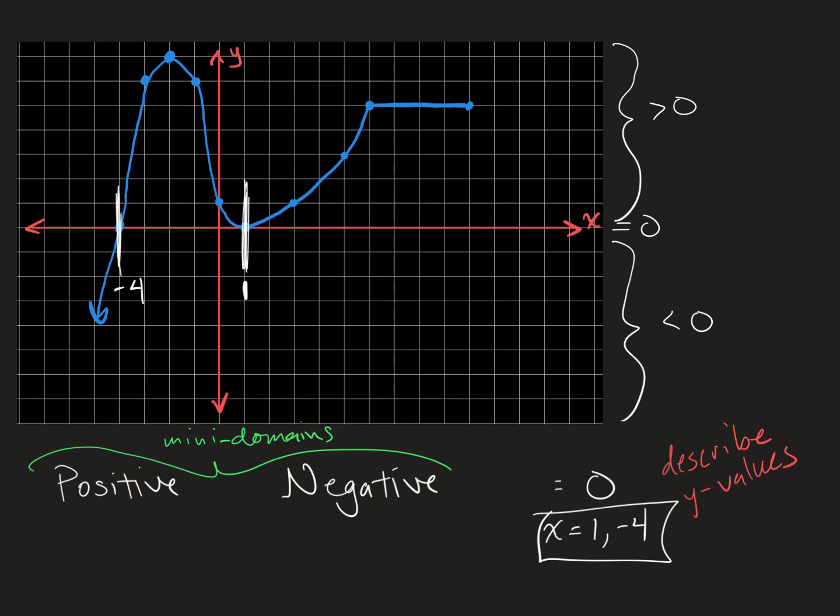Well, it's below, so I'm going to go ahead and mark this with a negative. Right here, it changes from being negative to positive, right? This is above the x-axis, so we'll call this positive. But what's really kind of funny here is this point right here. It comes down and touches the x-axis, and then it goes positive again. That will create a separate interval.